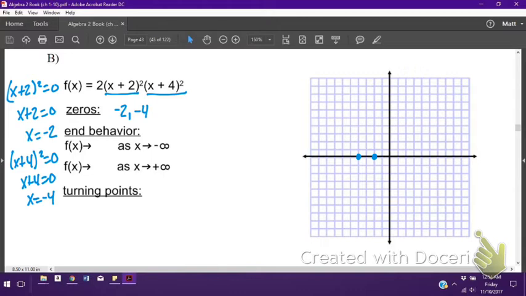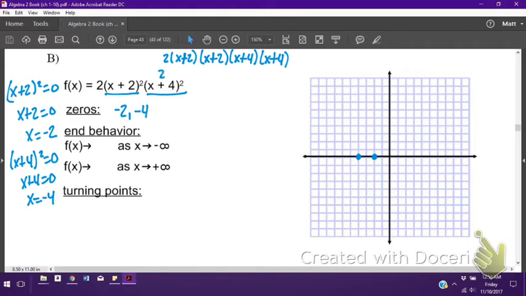Now what I need to do is, again, multiply those together. Well, how are we going to do that? The binomial squared is going to look like x plus 2 times x plus 2. The x plus 4 quantity squared is going to be x plus 4 times x plus 4. Well, we'll go ahead and multiply both things together.